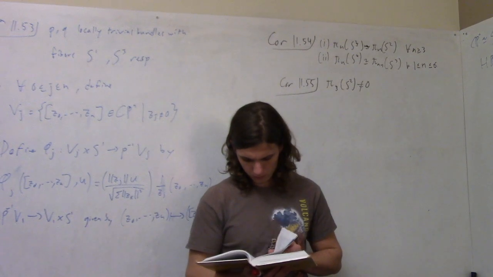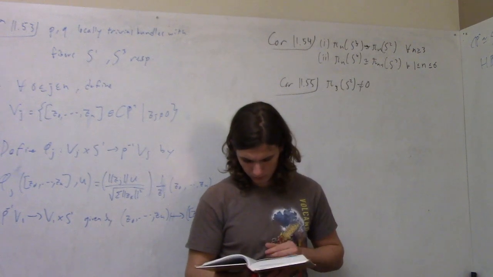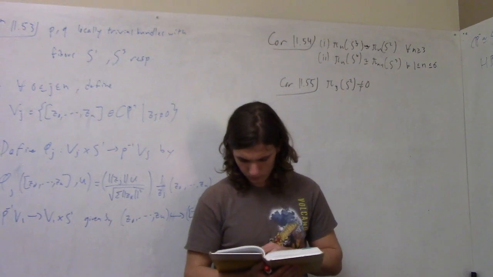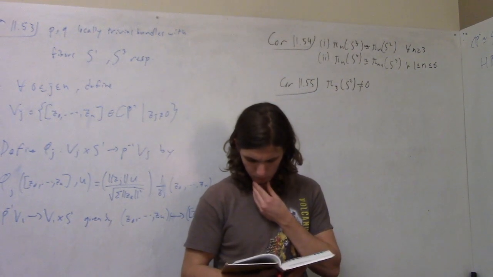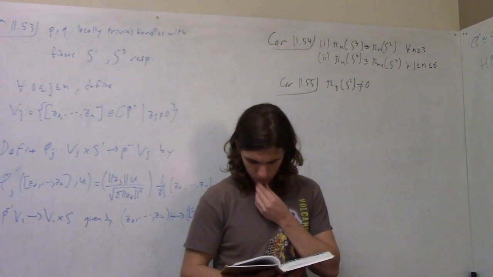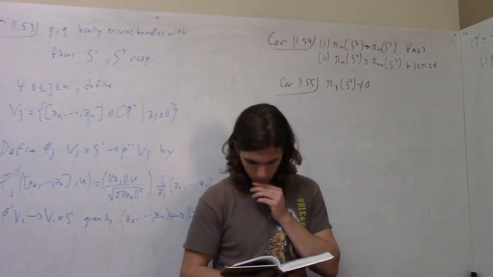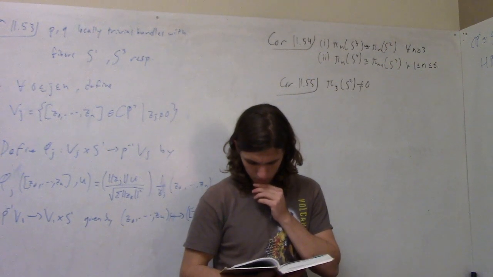So it follows that for all q greater than or equal to 3, in particular, the fourth homotopy group of CP2 is isomorphic to the fourth homotopy group of S5.